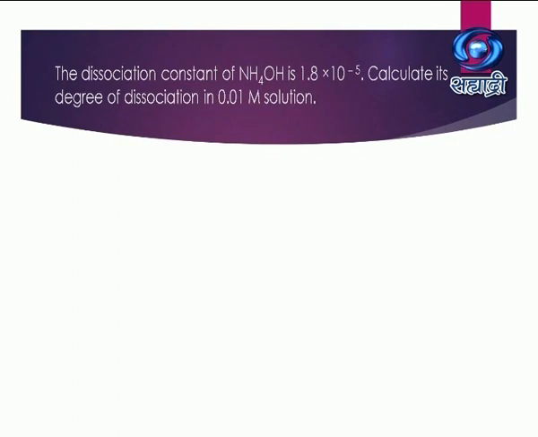Consider one more problem. The dissociation constant of ammonium hydroxide is 1.8 into 10 raised to minus 5. Calculate its degree of dissociation in 0.01 molar solution. Now the dissociation constant is given and we have to calculate alpha. The concentration of the base is also given, which is 0.01 molar.